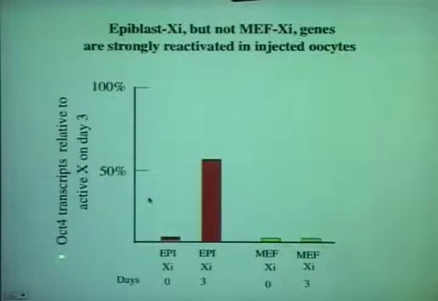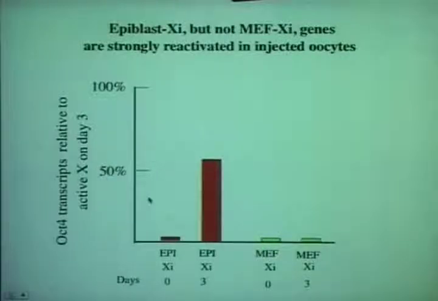We're looking at the OCT4 pluripotent gene transcripts, and if you look at mouse embryonic fibroblasts on the inactive X, there is no significant reprogramming. There is no apparent reprogramming whatever of the OCT4 in these mature adult mouse embryonic fibroblasts.